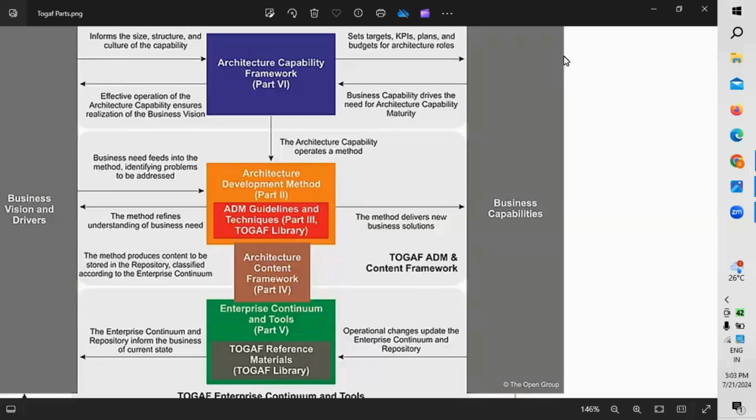TOGAF is a framework, you can call it, because whenever we work on enterprise architecture in any organization, transforming towards enterprise-level transformation, irrespective of the departments as well as the functionalities they manage, while implementing any kind of enterprise architecture at the organization level, it's always required for us to use some tools or frameworks.